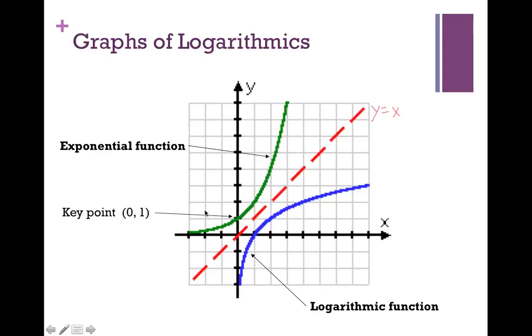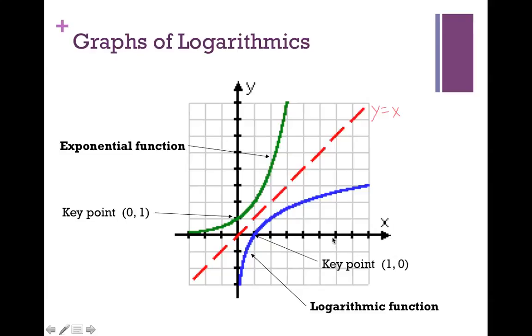So if that's a key point on the exponential function, then what's going to be a key point on the logarithmic function? Well, hopefully you remember that we can switch the x and y coordinates for all points on one graph to get the points on the inverse graph. And so if we have a key point of 0, 1 on the exponential function, then we're going to have a key point of 1, 0 on the logarithmic function.